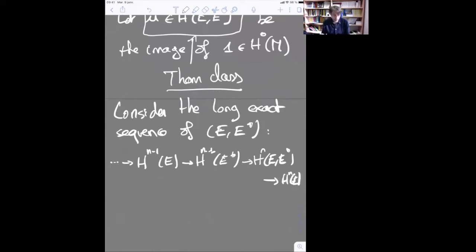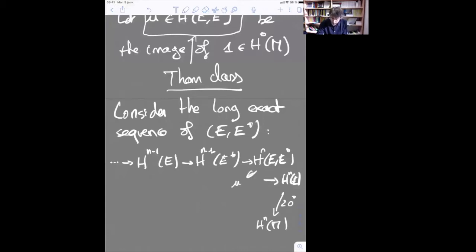So the Thom class U belongs to H^n of E relative to E star, and the degree n cohomology of E is isomorphic through the zero section with the degree n cohomology of M. And in fact, I should have put U here.